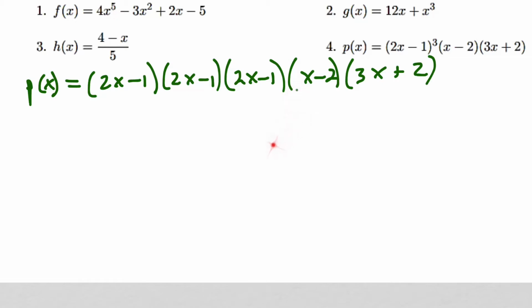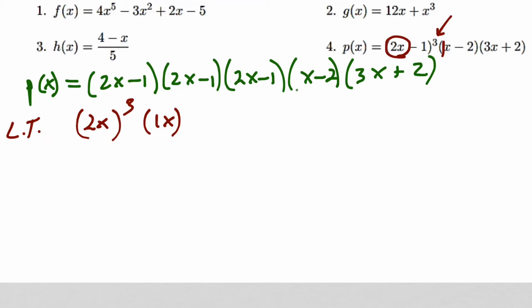The other thing we could do in order to figure out, first, let's figure out what the leading term is: you could take this 2x right here, and then you're going to cube it. So I've got 2x cubed. I'm just fashioning my leading term right now. Okay? And then I've got a 1x here.